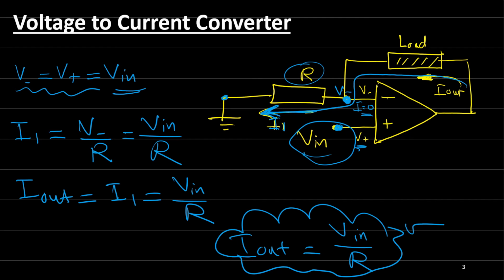We enter a voltage on the input, and finally we get current on the output. Why the current? Because this is a load.